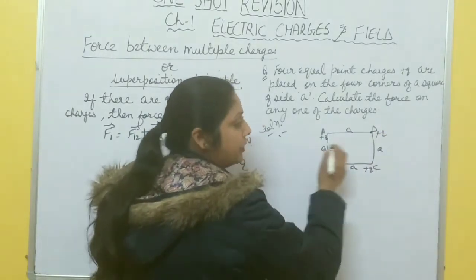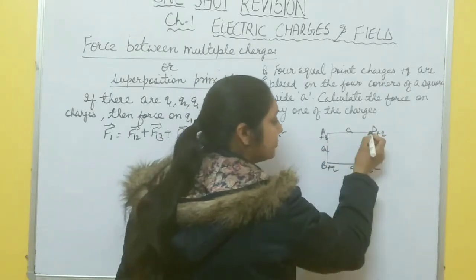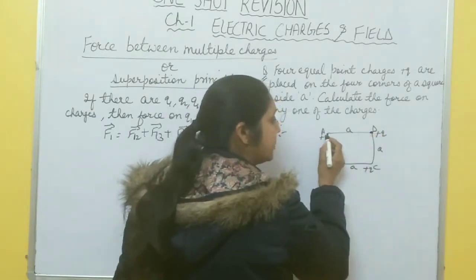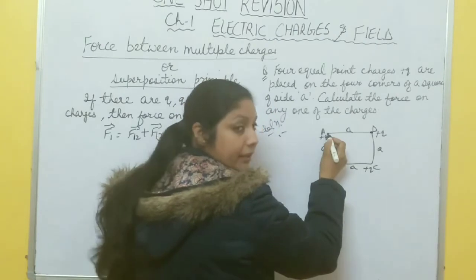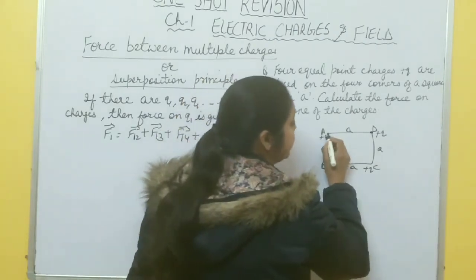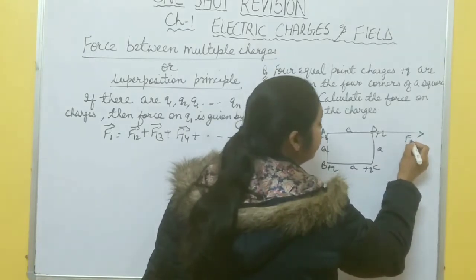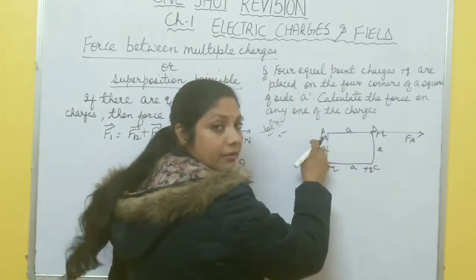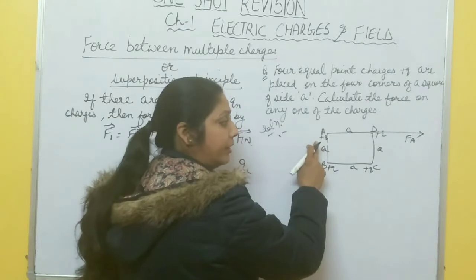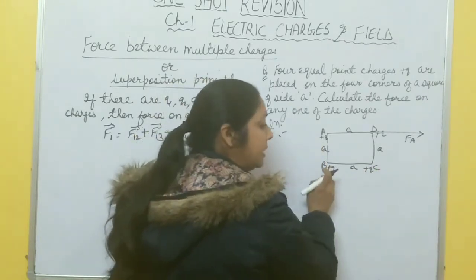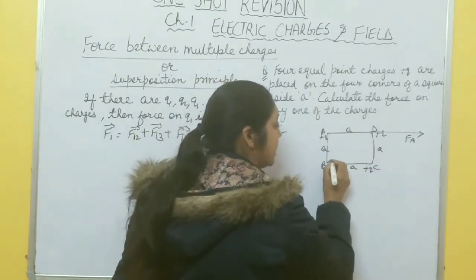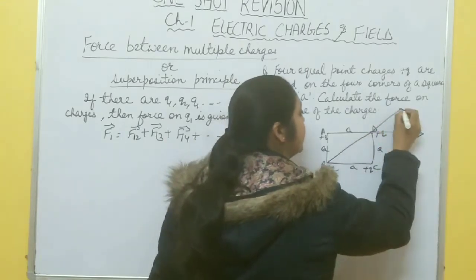So the total force on this charge plus Q, at point D. Suppose this charge experiences force due to the charge kept at point A, right? And the force is along this direction. This is the force due to the charge placed at point A. Now again B, so due to this B charge also it experiences force along this direction.